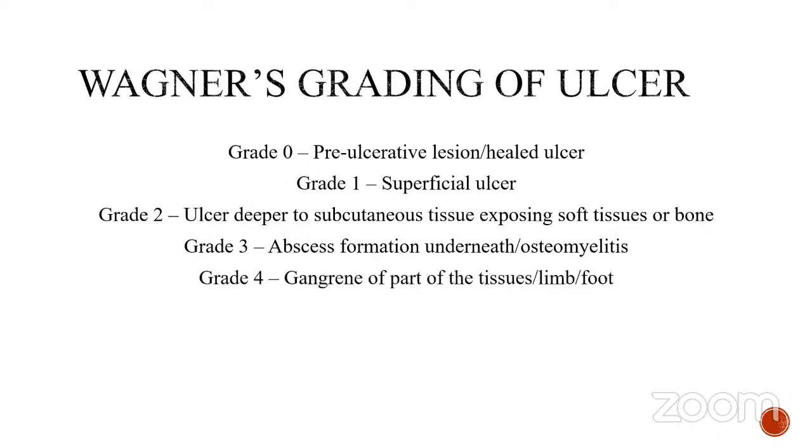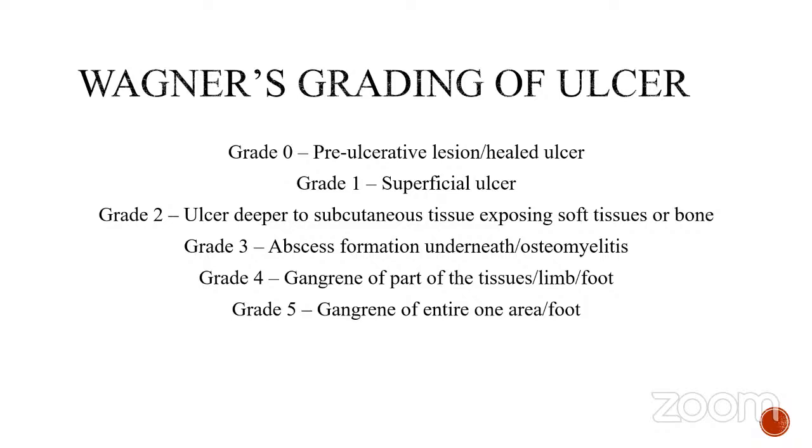Grade 4, what we can see is gangrene of the part. Gangrene is full-depth tissue death, so a part of the foot or limb can be seen affected. Whereas in the last grade, the entire area or the entire foot will be affected. So grade 5 means the entire foot. So grade 0, 1, 2, 3, 4. From grade 2 itself, we can see bones exposed. If bone is exposed, it becomes grade 2.